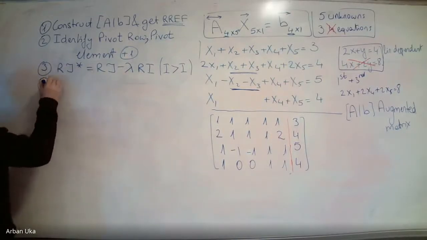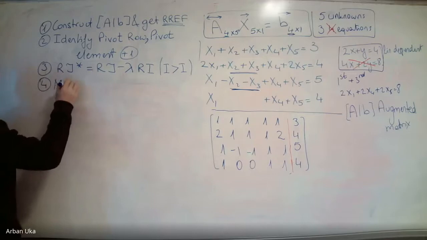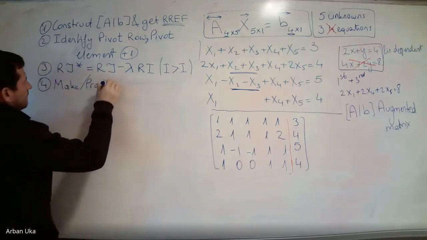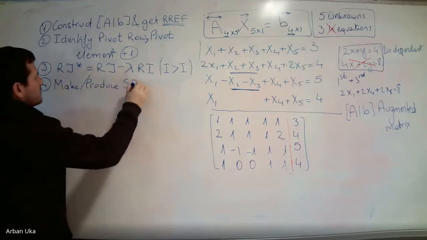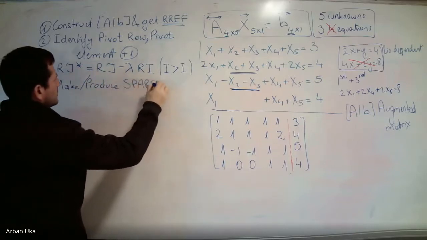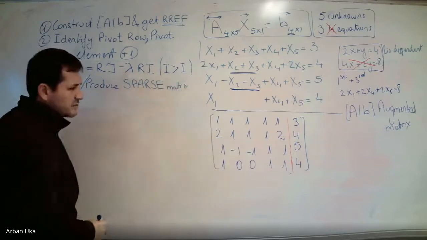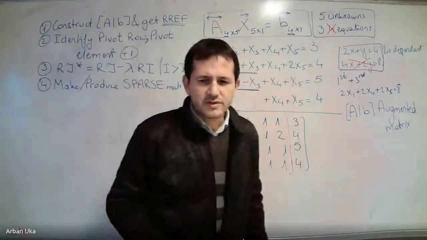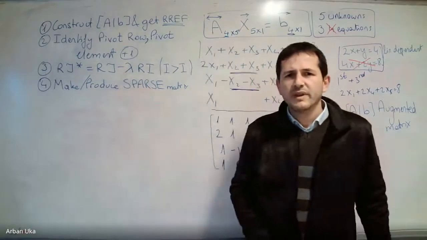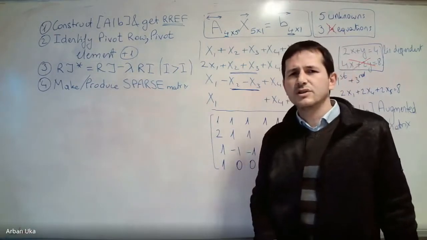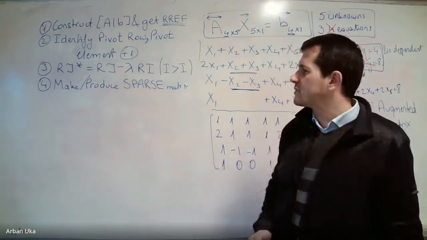we try to make or produce a sparse matrix. A sparse matrix is a matrix which is full of zeros, okay? So there are many researchers around the world whose research is on sparse matrices.